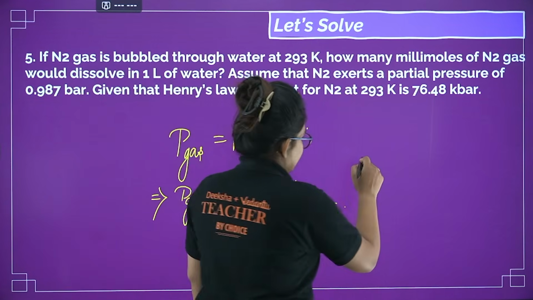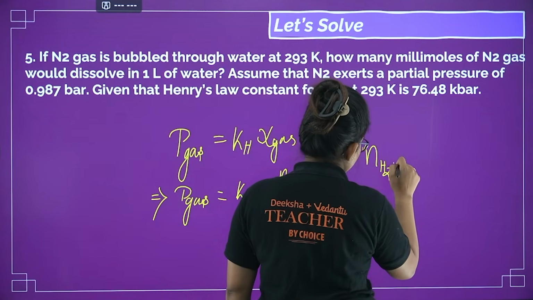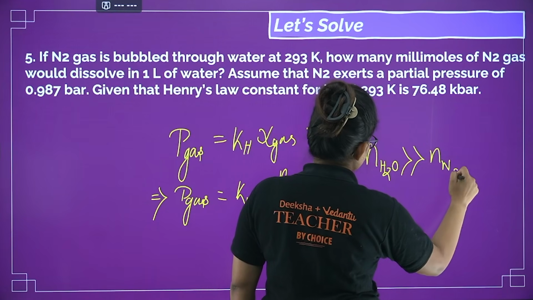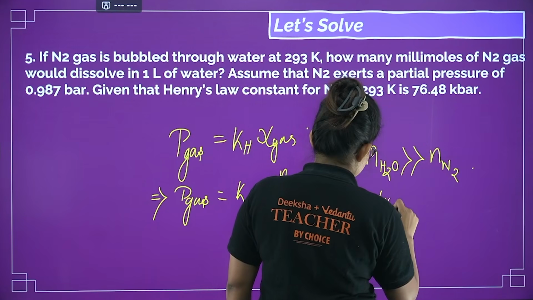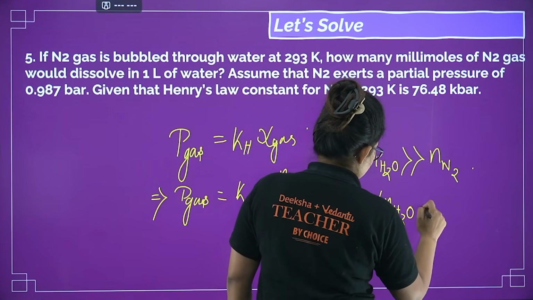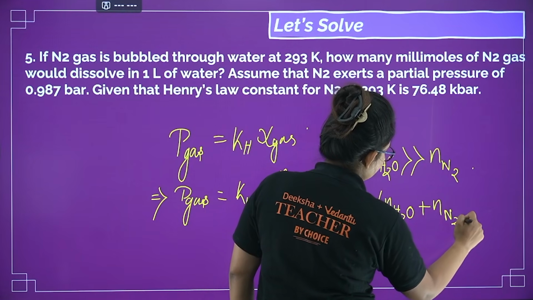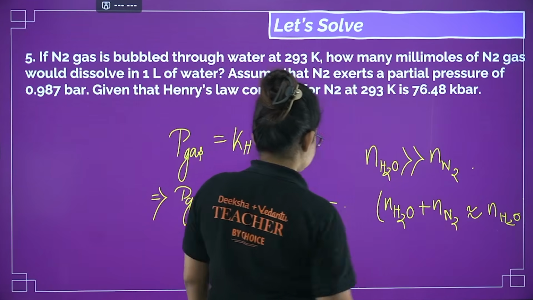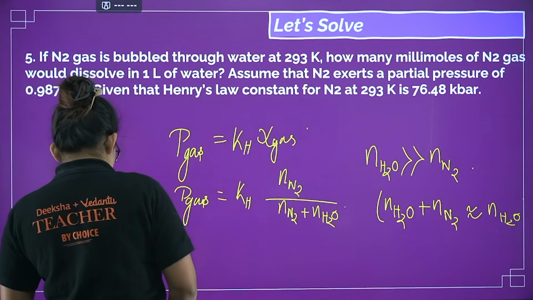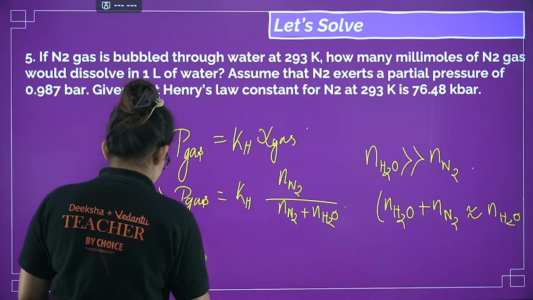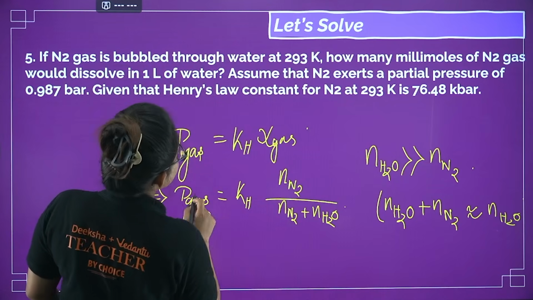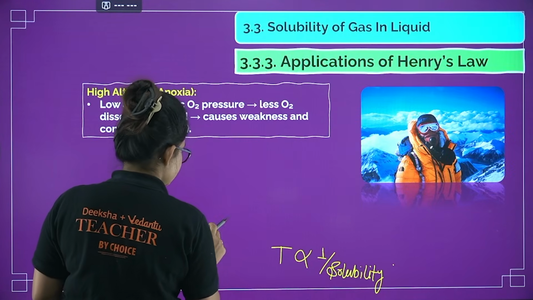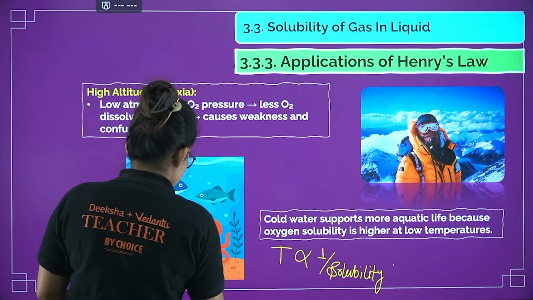The reason is that the number of moles of water is very much greater than the number of moles of N2. So I can simplify the number of moles of H2O plus the number of moles of N2 as just the number of moles of H2O. Now what do I have to do? Let's put in the values. How much is it given? 0.987.